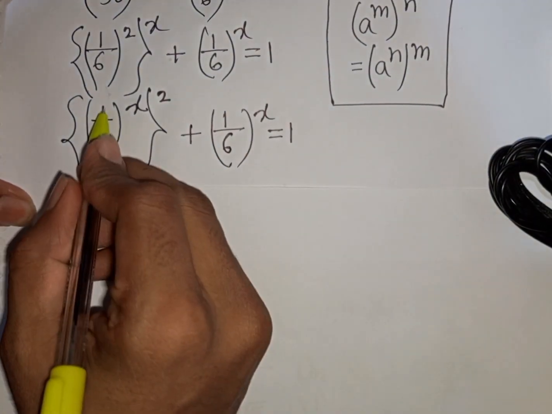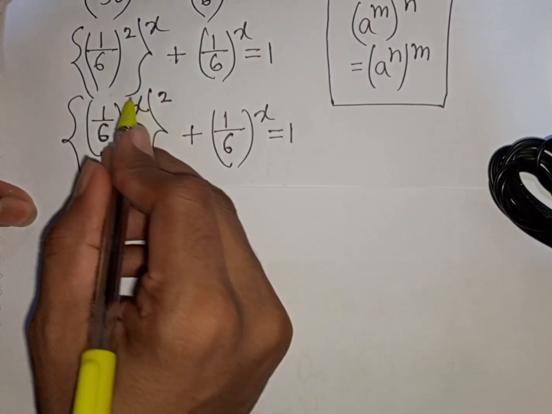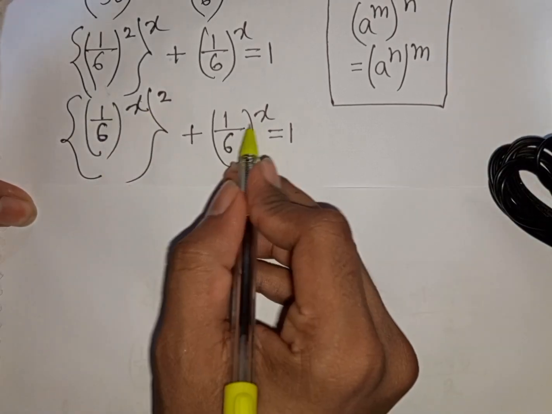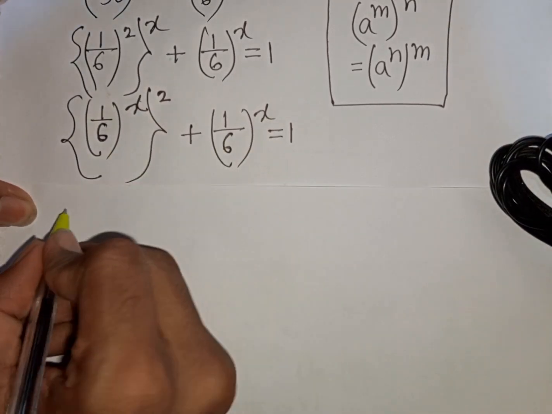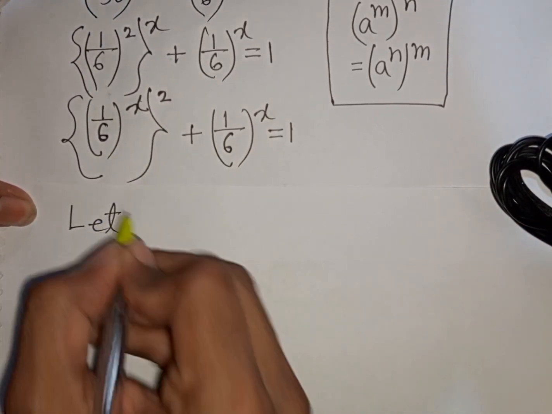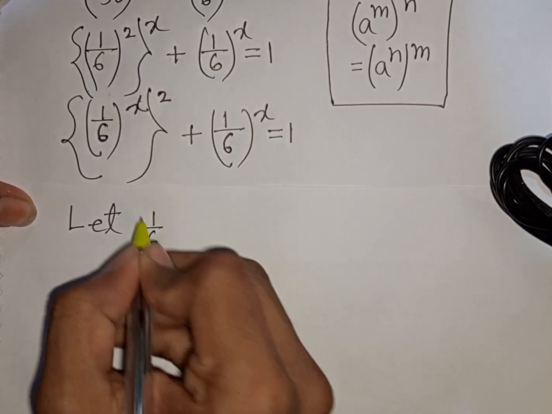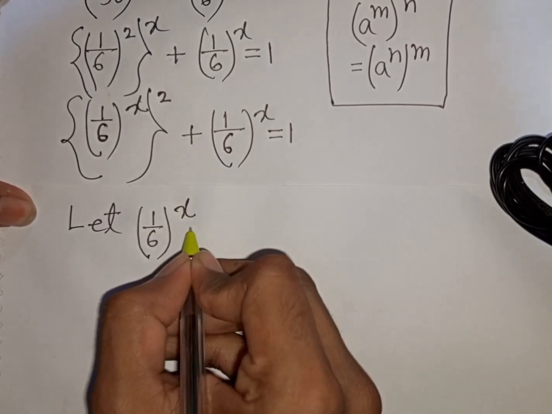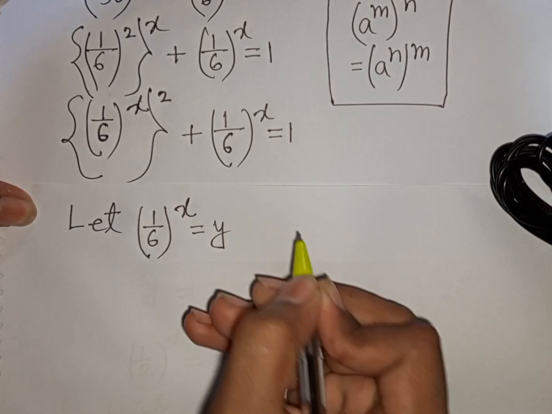Now we see 1 by 6 bracket power x, 1 by 6 bracket power x, both terms are the same. So let 1 by 6 bracket power x be substituted by y.